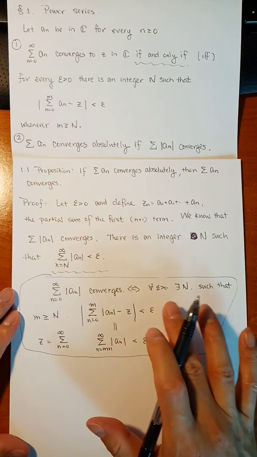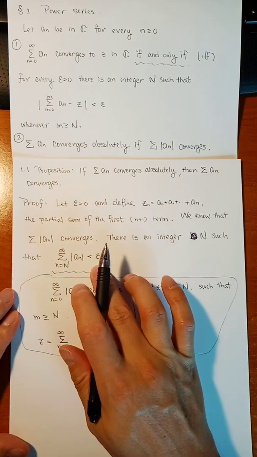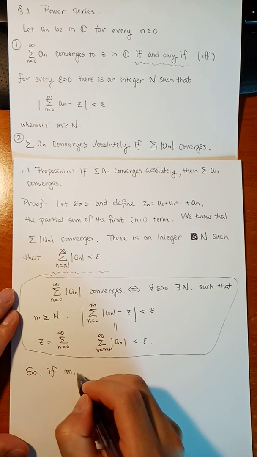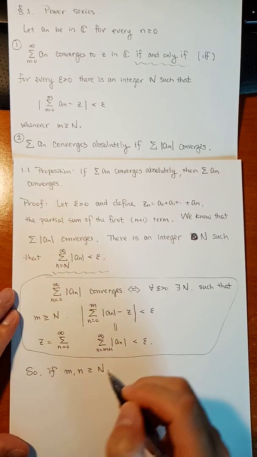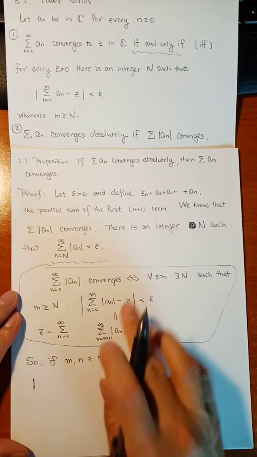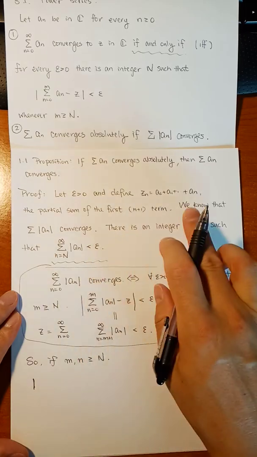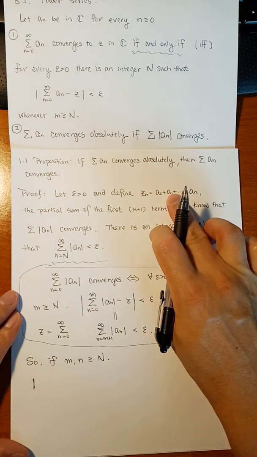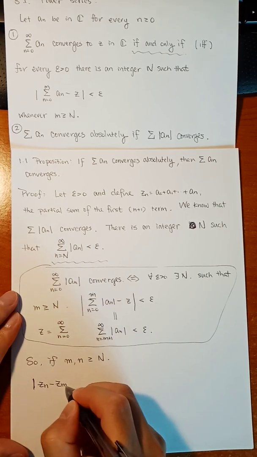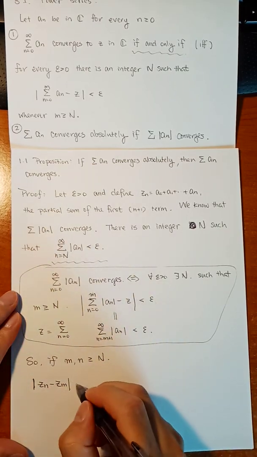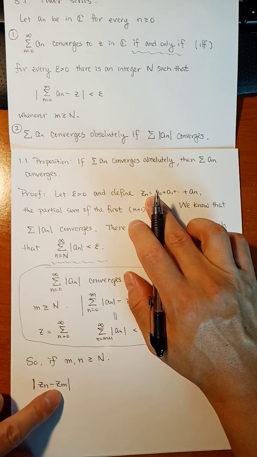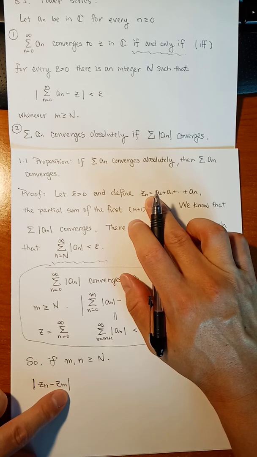Then we know this. So if m and n are both greater than or equal to capital N, then we go back to the original series. This is the new series, and this is the original series: Zn minus Zm. This is the partial sum of the first n plus 1 terms, and this is the partial sum of the first m plus 1 terms.